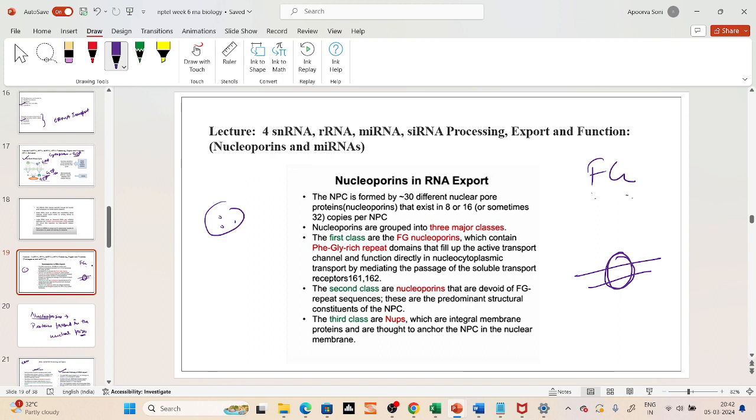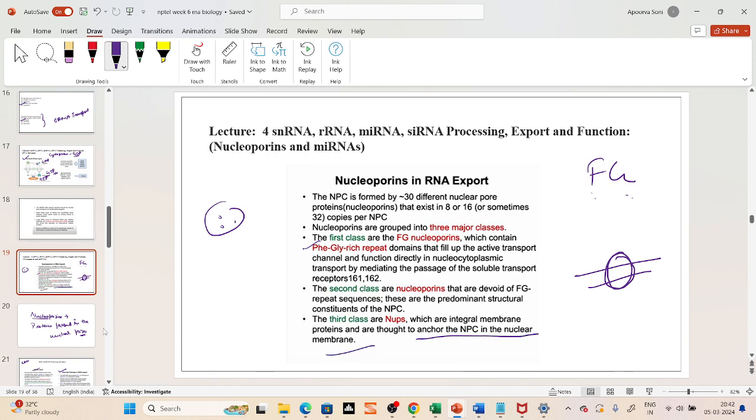So these are your nuclear proteins, and they are helpful in the export also. In general, they are helpful in transportation. Three classes: FG nucleoporins that have phenylalanine glycine repeats, nucleoporins that do not have phenylalanine glycine repeats, and NUPs which are responsible to anchor the nuclear pore complex in the nuclear membrane.